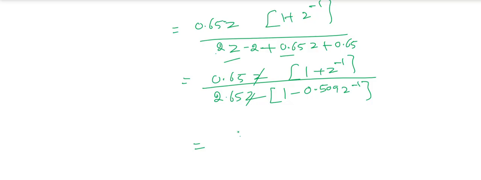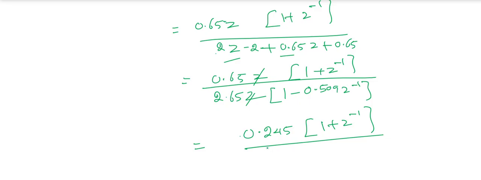Now you can get 0.245 into 1 plus z inverse divided by 1 minus 0.509 z inverse. This is the digital filter transfer function.